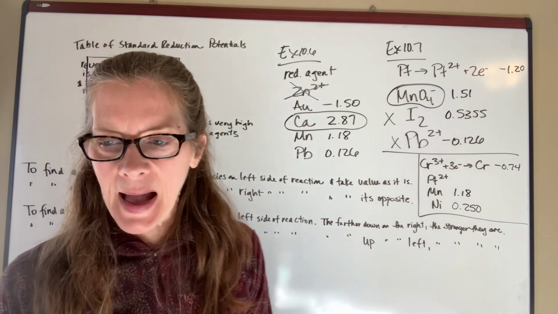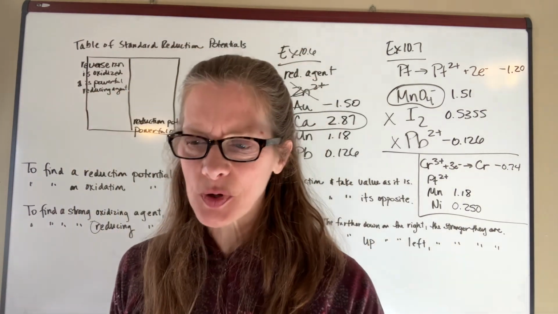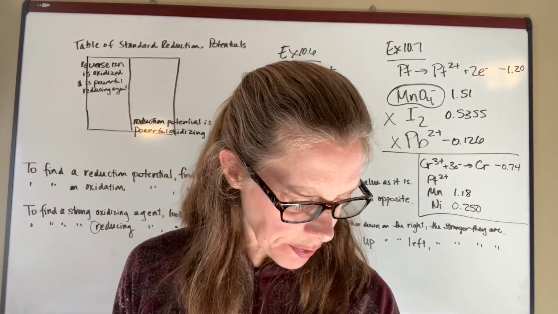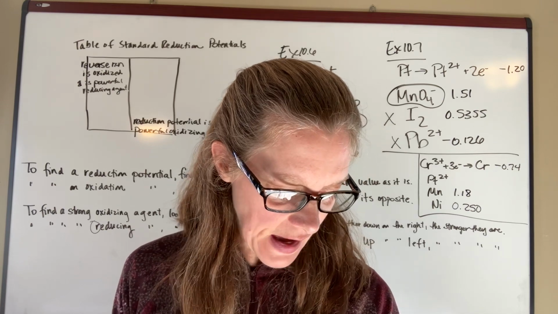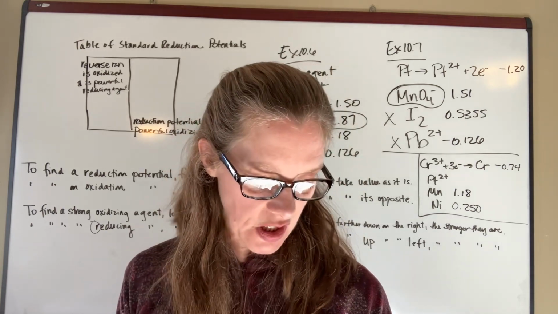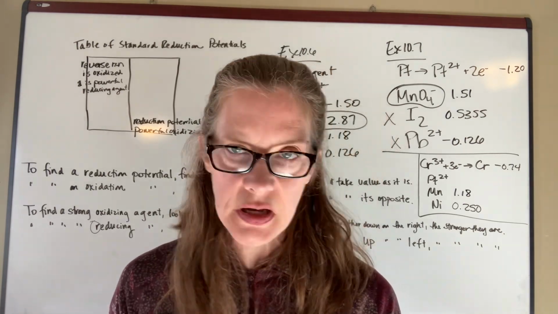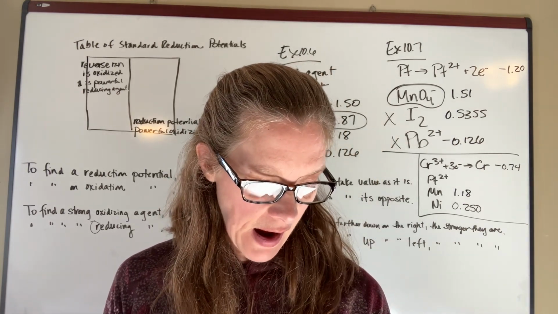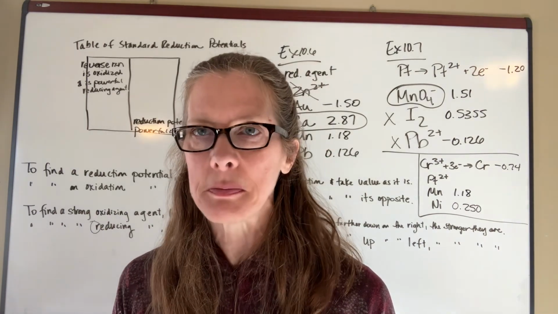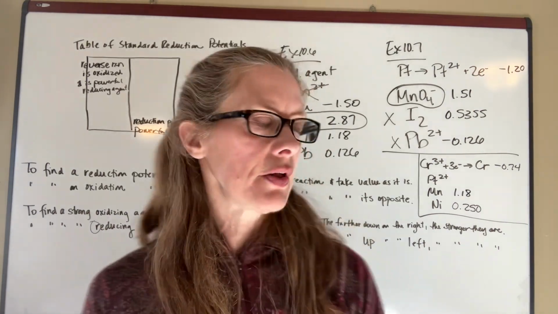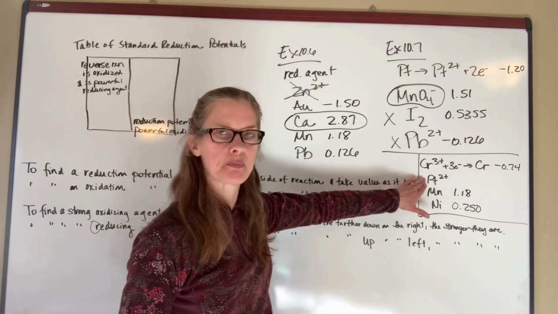And then the platinum, this is one of those where I have a problem because I can't find that on the right-hand side of the equation anywhere. The only place you find the platinum is about 2/3 of the way down on the right-hand side. And I can't take platinum and make it go the other direction because then this won't be a reactant.